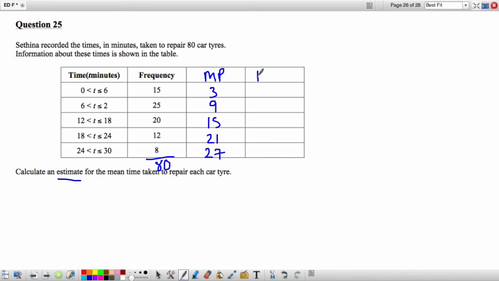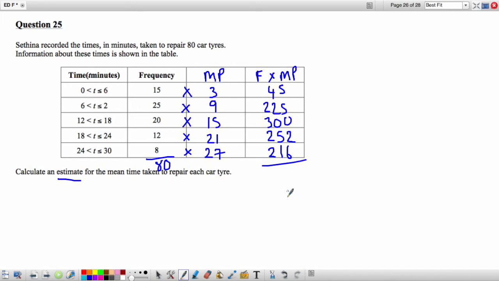We then need to multiply the frequency by the midpoint. So that's these two columns multiplied together. We have 45, 225, remember to use your calculator here, 300, 252, and 216.